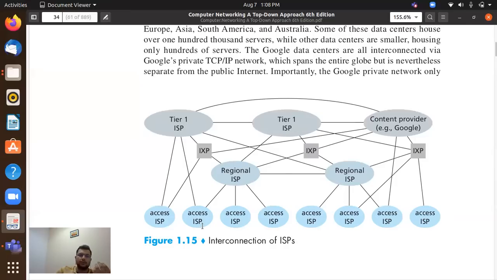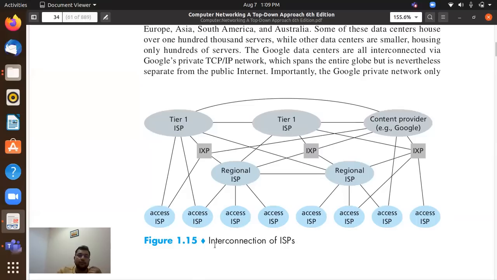Likewise, access service providers also multi-home. Based on availability, if a tier 1 service provider is near to you, you can multi-home with it. So there is no well-defined rule that you have to strictly follow the hierarchy, that tier 1 will not be able to directly connect with the access service provider. Access service providers can also multi-home with several tier 1s, and even as an individual you can multi-home with several access service providers.